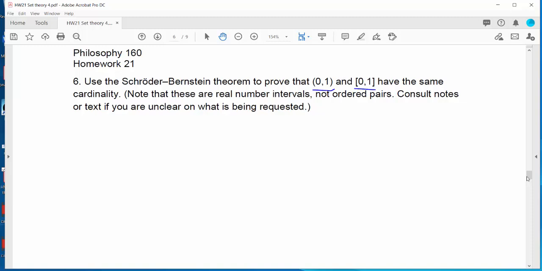So it's often very difficult to demonstrate there's a bijection between infinite collections of real numbers, but it's not so hard to show that there's an injection in one direction and an injection in the other. And if you can, the Schroeder-Bernstein theorem tells us that you've demonstrated that they have the same cardinality.